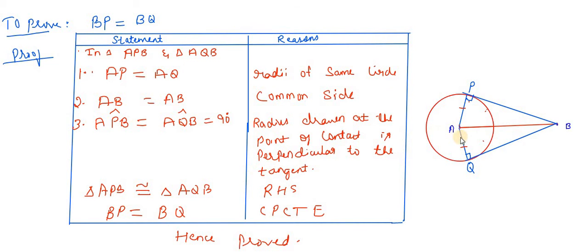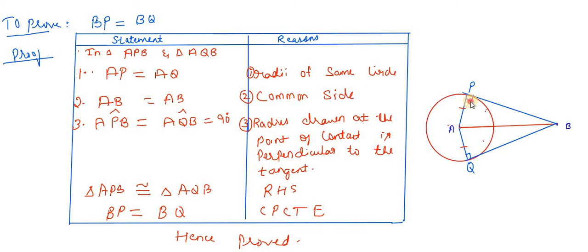In triangle APB and triangle AQB, we know that first, AP is equal to AQ, because these are the radii of the same circle. Next, AB is equal to AB, a common side for the triangles.